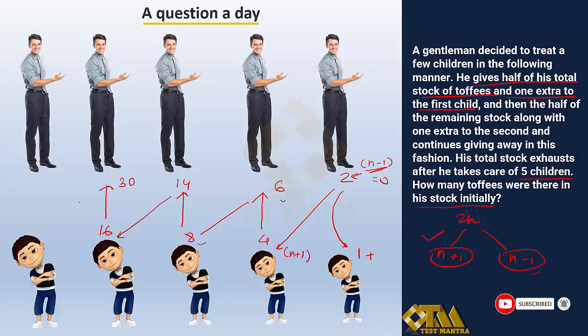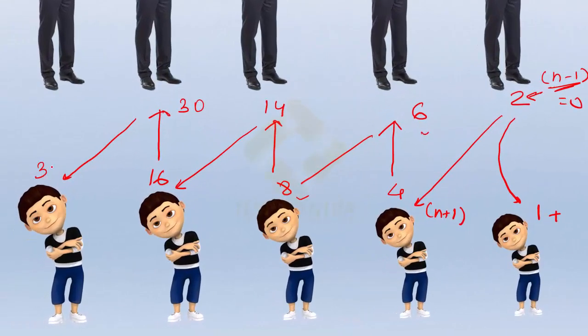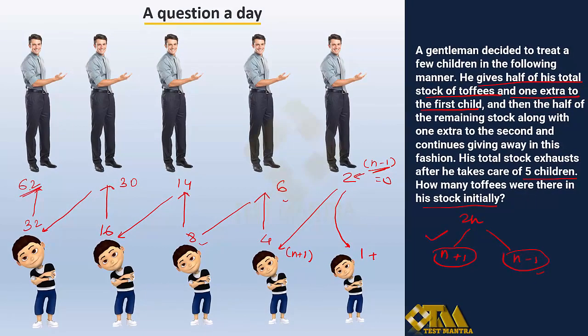So that represents this boy should have how much? If this is 30, then this value is supposed to be nothing but 32. If this is 32, this figure is supposed to be nothing but 62. So initially this person should have 62 chocolates, right?